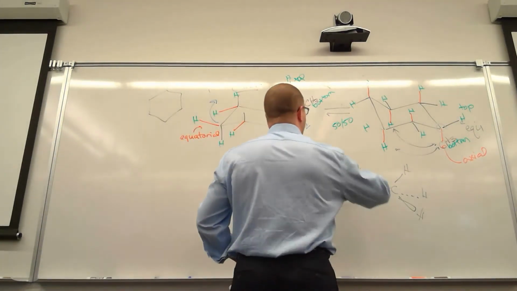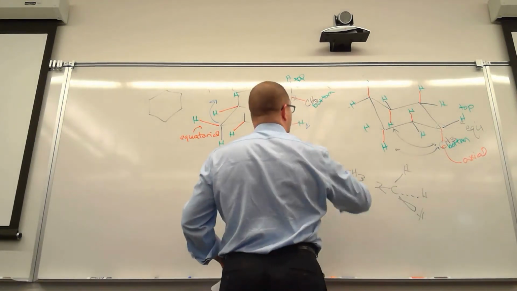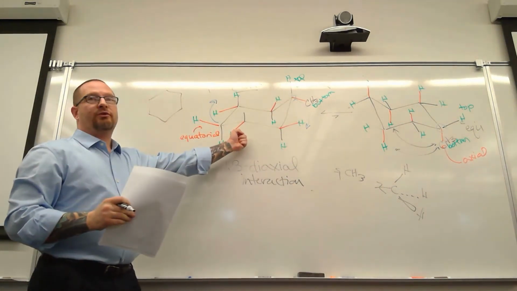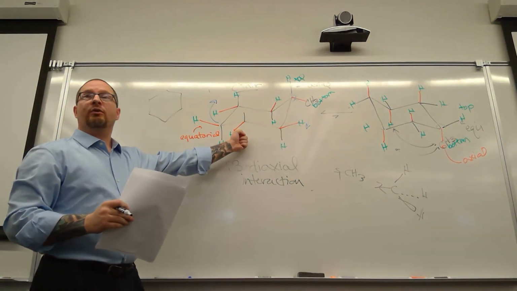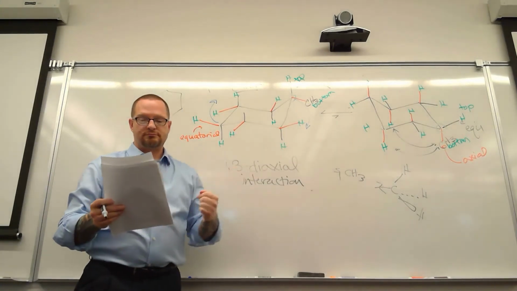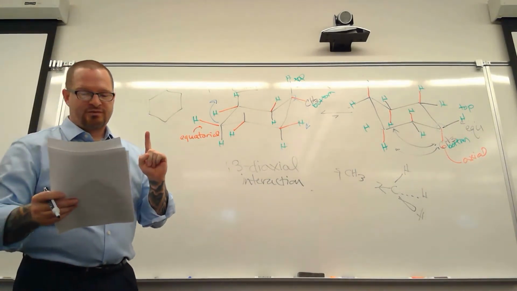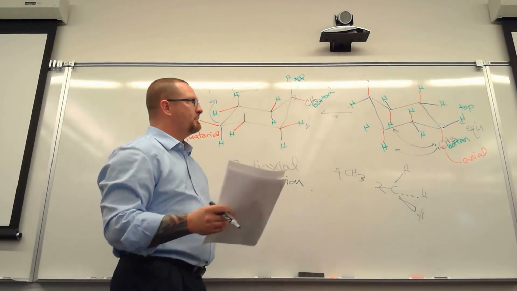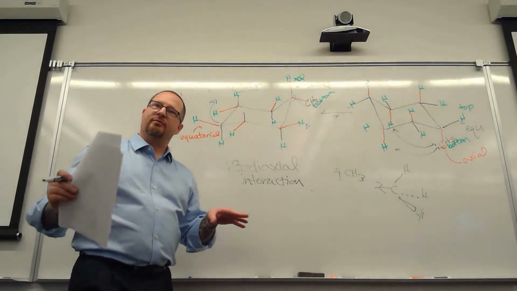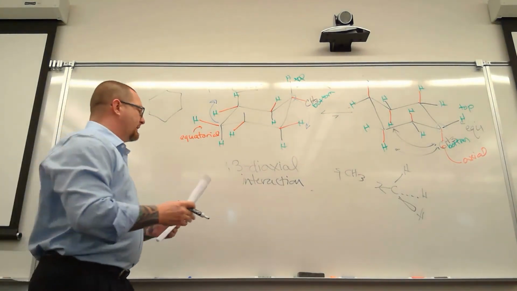And if we were to describe the equilibrium, it would favor the first because it has lower diaxial interactions than the second. The larger these groups get, methyl, the minor preference. It has a minor diaxial interaction.